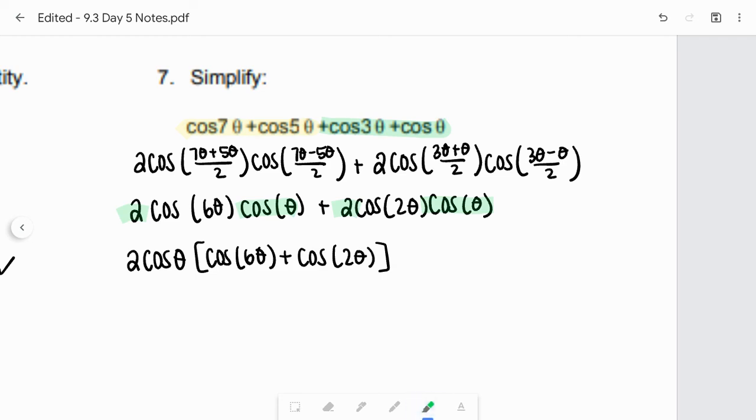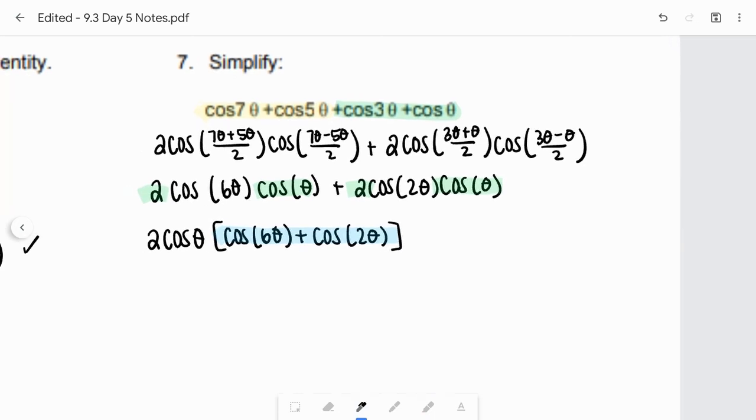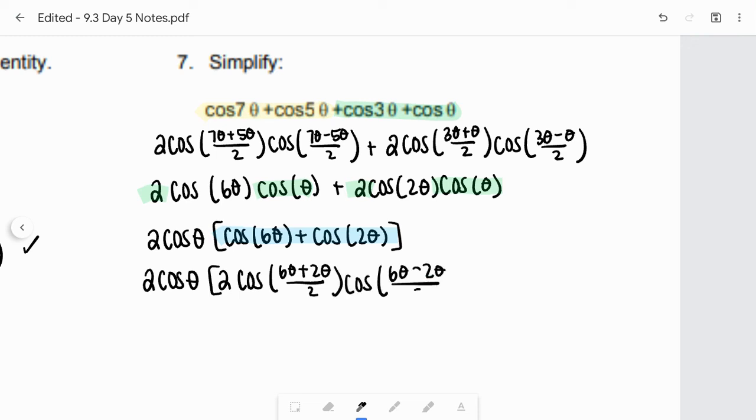Okay, now if we just look on the inside, I have another sum, so I can use my sum to product formula once again. So I have 2 cosine theta times 2 cosine of (6 theta plus 2 theta) divided by 2 times cosine of (6 theta minus 2 theta) divided by 2.